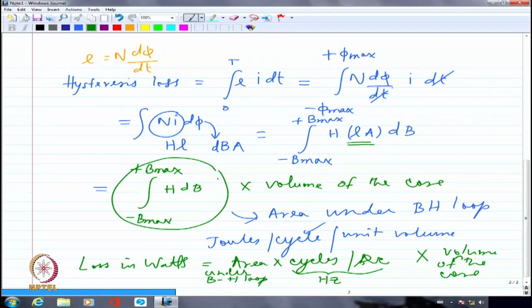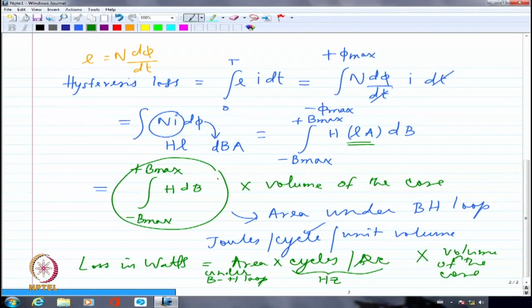So they would not really have the hysteresis property much. Invariably, when we use a high frequency transformer, the core will be made of amorphous iron or powdered iron material. Then you lose out on the hysteresis property, and there is not much hysteresis loss to speak of.